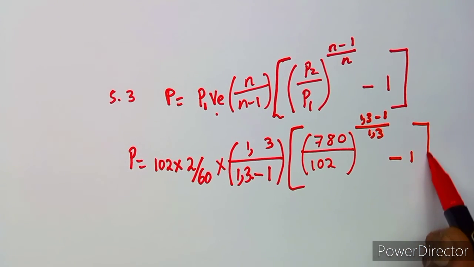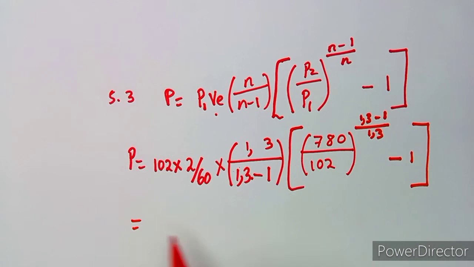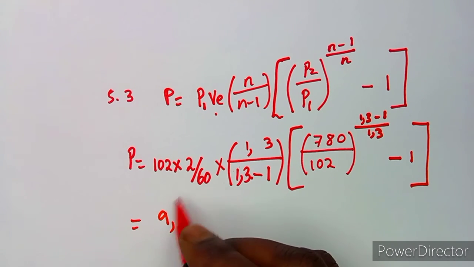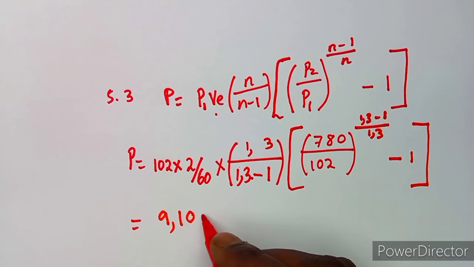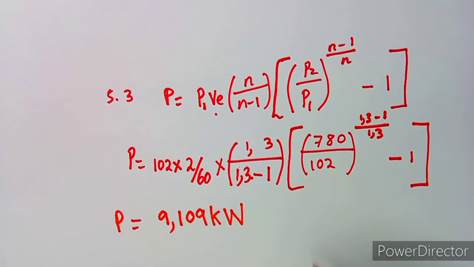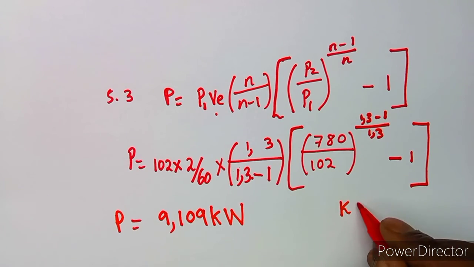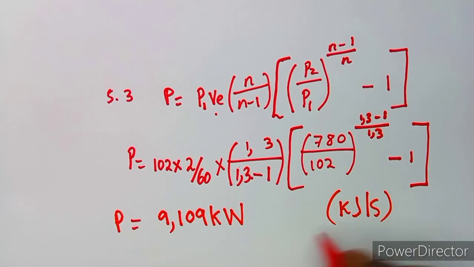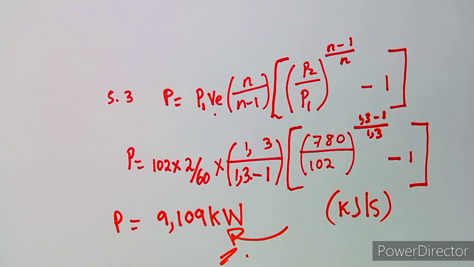Make sure you use your calculator properly. This is over 60. Using our calculator, we obtain 9,109 kilowatts. This will be our power. Remember, this power is kilojoules per second, which gives us kilowatts. So that is your power in this case.